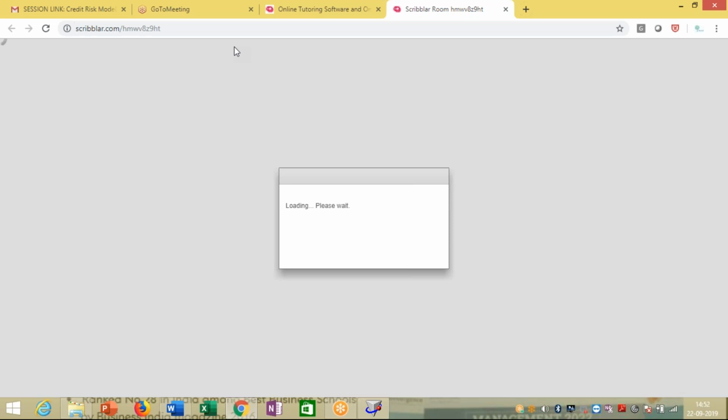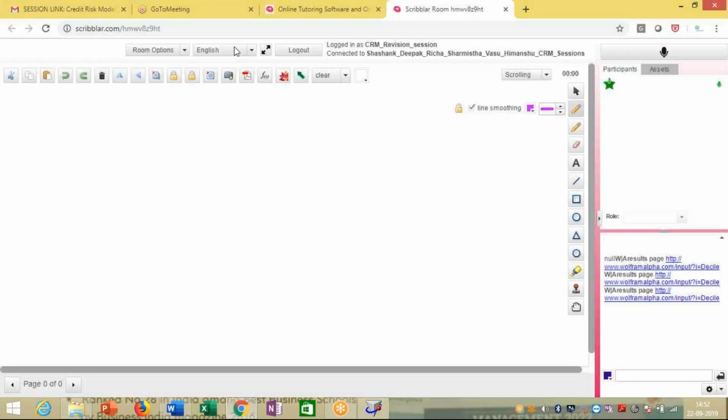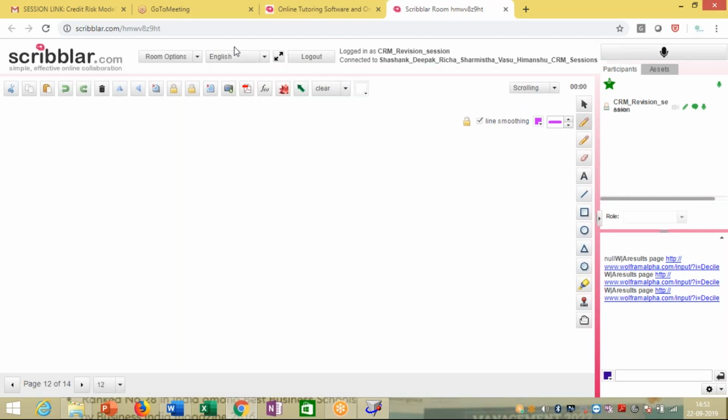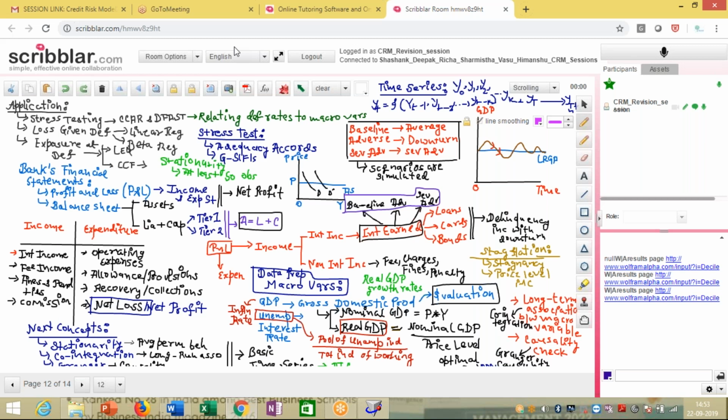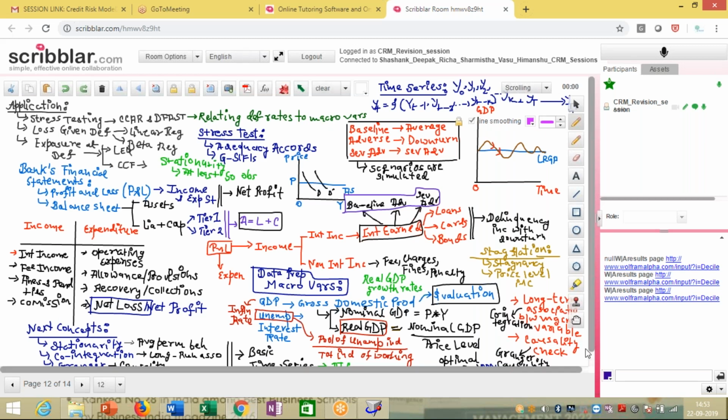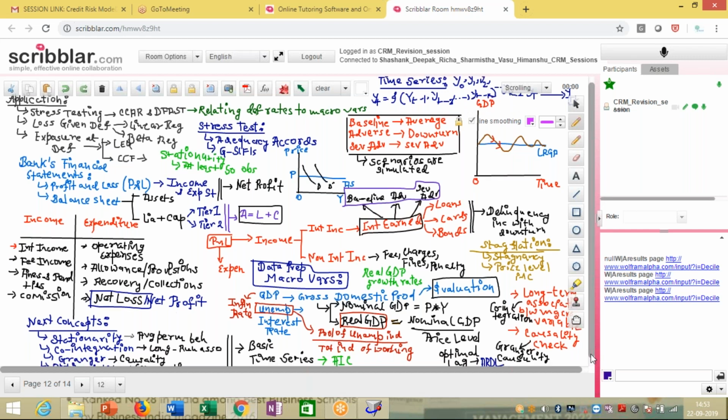So that is what we were talking about in yesterday's class, and we saw that when we are trying to incorporate the macroeconomic variables, let's say there is the interest income. I want to know how this interest income is related to the macroeconomic variable. So over there, I would be applying the linear regression. But because it is macroeconomic variables, before developing the regression, we need to work on some other things.